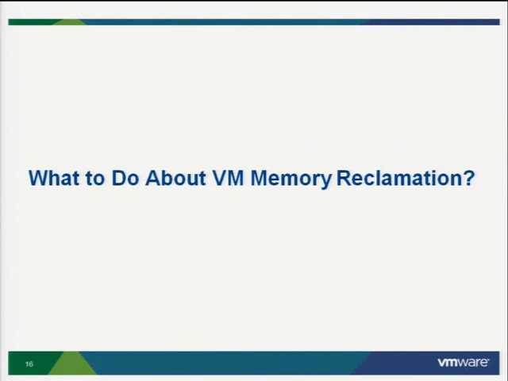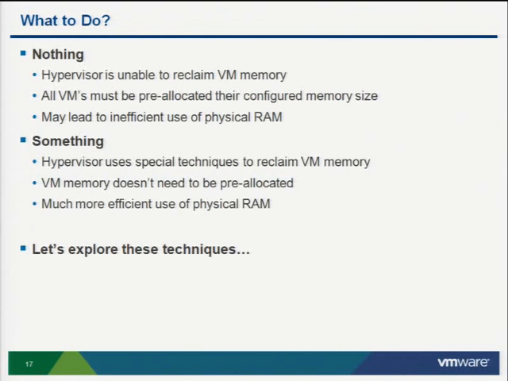So what do we do about it? There's really two options here. We can do nothing, or we can do something. Boiling it down to its basics, the nothing route, what does that mean, really? It means the hypervisor is unable to reclaim guest memory.